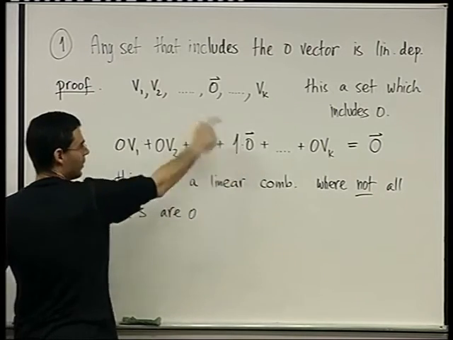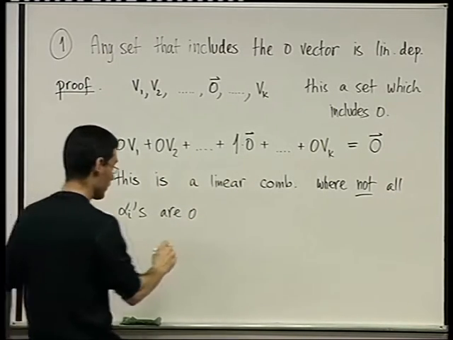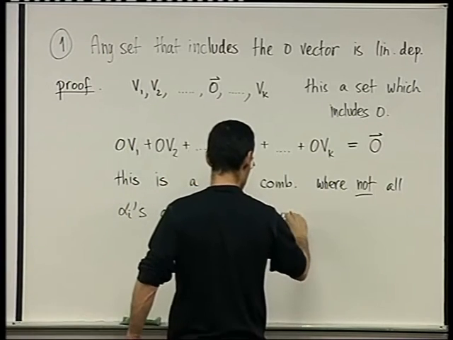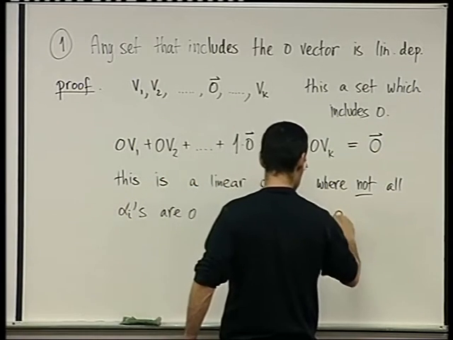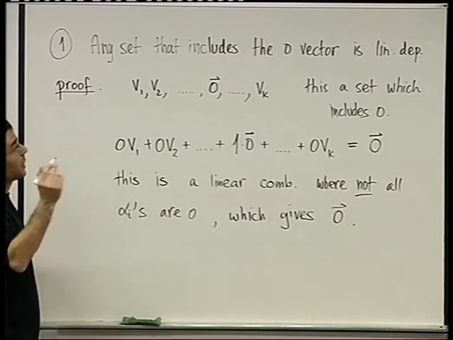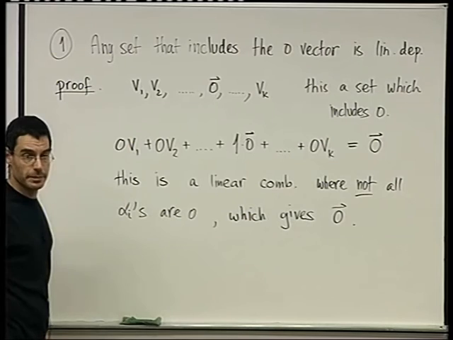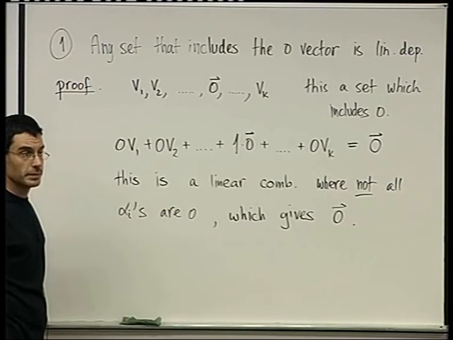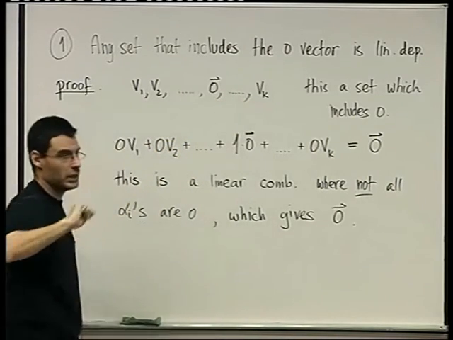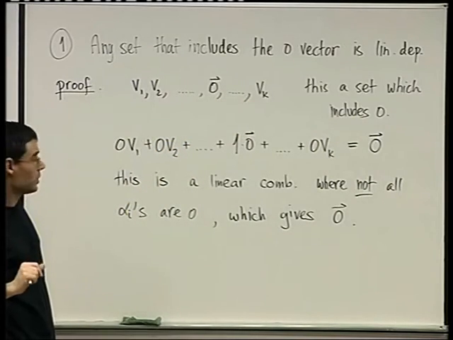Because here's an alpha that's not 0, which gives 0. That's the definition of being a linearly dependent set. Do you agree? Everybody? Okay, so any set that includes the 0 vector is automatically linearly dependent, by definition.